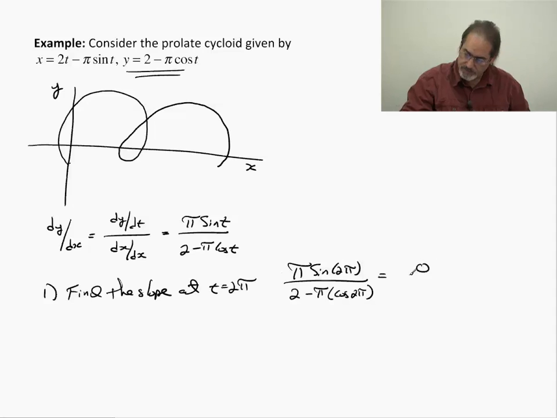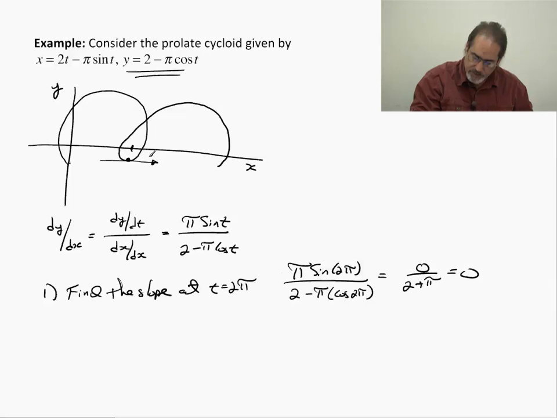Well, the numerator is 0. And as long as the denominator is non-zero, I'm in good shape here. Cosine of 2 pi is 1, so the denominator is 2 minus pi. So this slope is 0. That's right here; this is going to be 2 pi. So my slope at 2 pi is going to be 0.